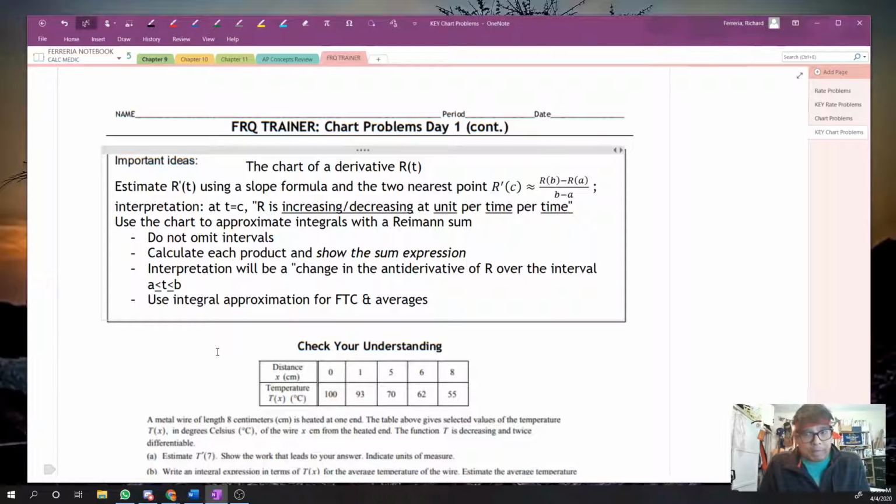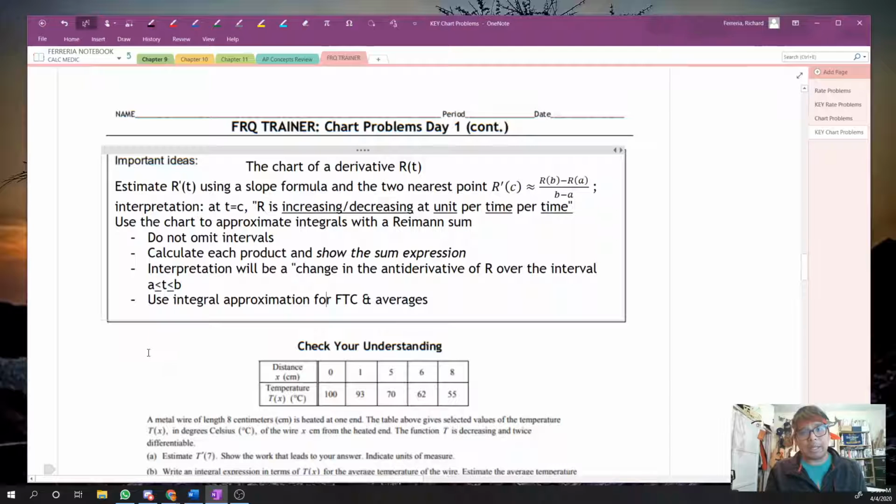That's what we're doing. That's the fundamental theorem of calculus also. Since that is the fundamental theorem of calculus, you're most likely going to be using that integral approximation for some kind of fundamental theorem problem or for some kind of average problem. There might be more, but those are the two big ones that the approximation is used for.